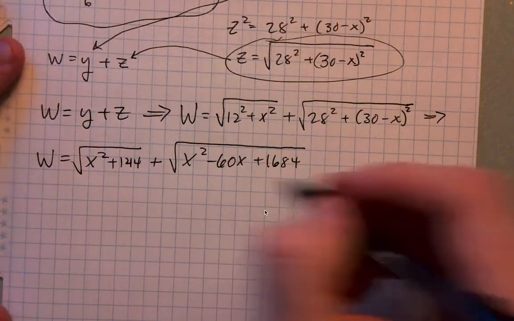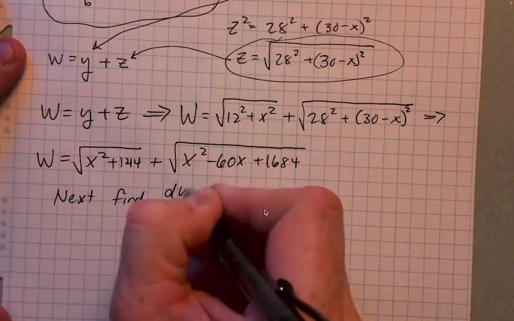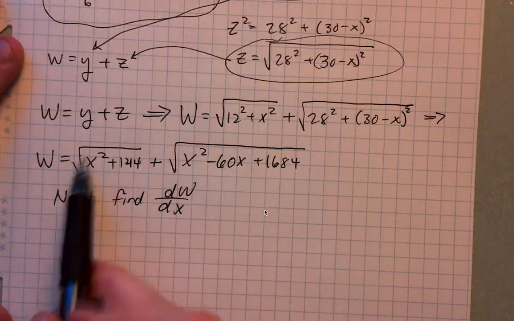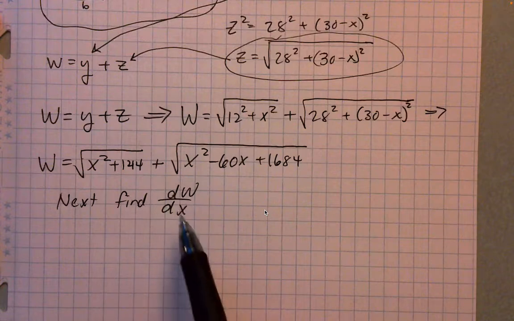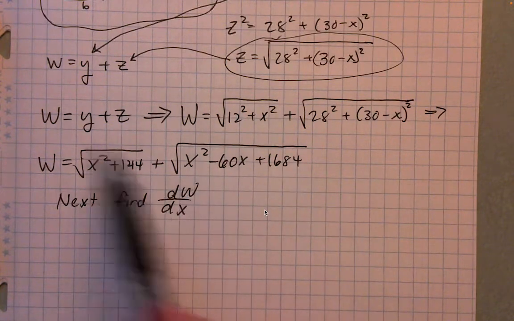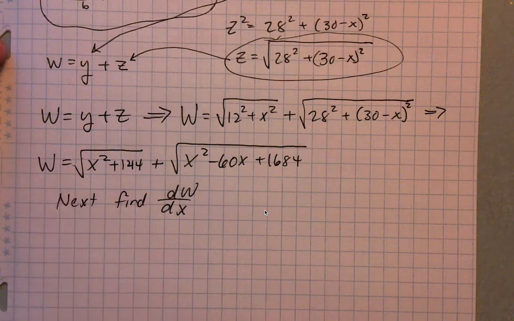Next we need to find dw/dx. W is now written in terms of x. If we differentiate it with respect to x, that will give us the opportunity to find the minimum or the maximum value of w. In this case, we want to find a minimum. We want to minimize w with respect to x.